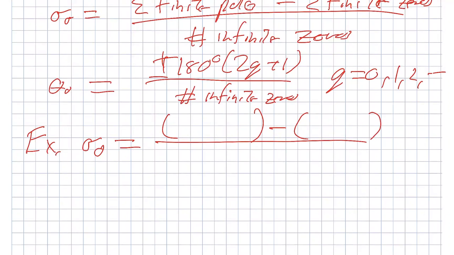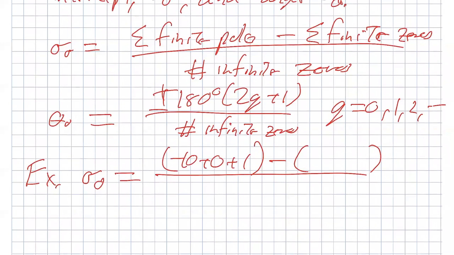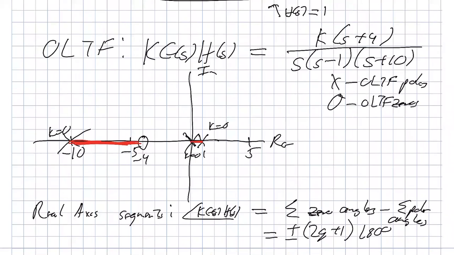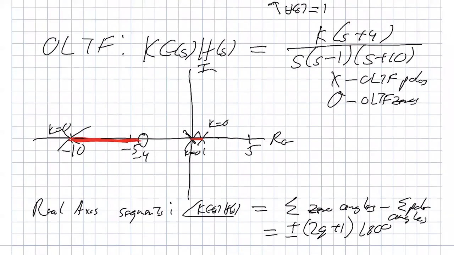So we have -10 plus 0 plus 1, minus the sum of the finite zeros. We have a finite zero at -4.